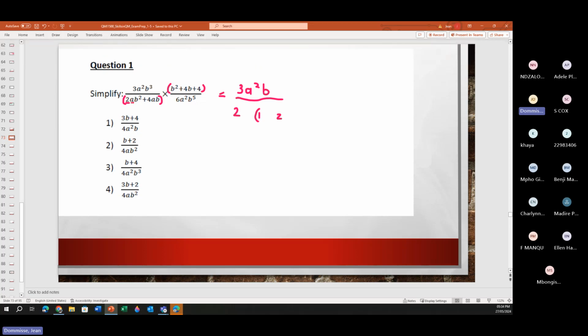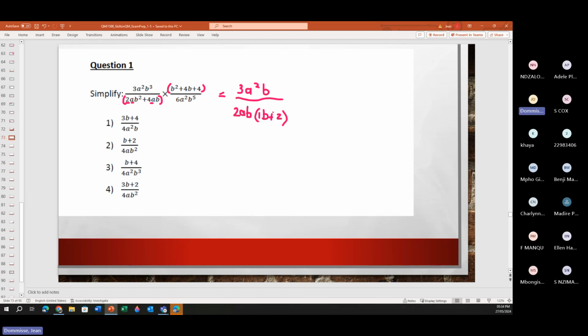There is an a in both, so we can have an a in both. There is 1b, 2b, so there's 2 in both. Let's just check if we have that. If I multiply out, that multiply in gives you 2ab to the power of 2.